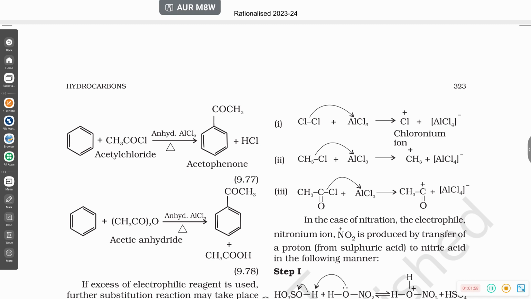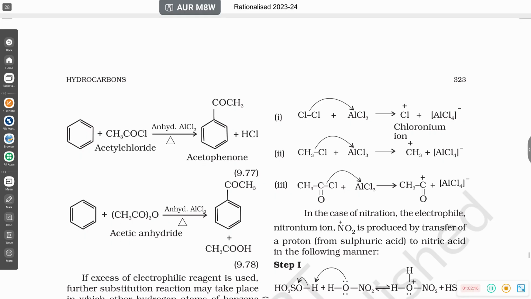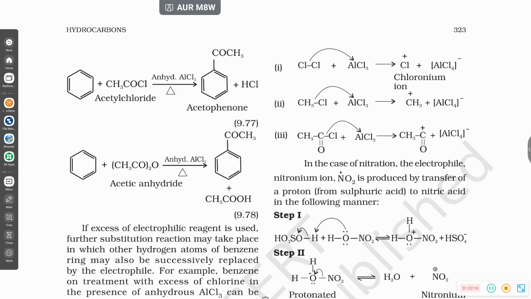Rearrangement is possible: CH3 and CH2CH3 have no rearrangement, but propyl cation rearranges. For acylation, the CH3CO plus is the electrophile. So in each reaction, the first step is generation of the electrophile.